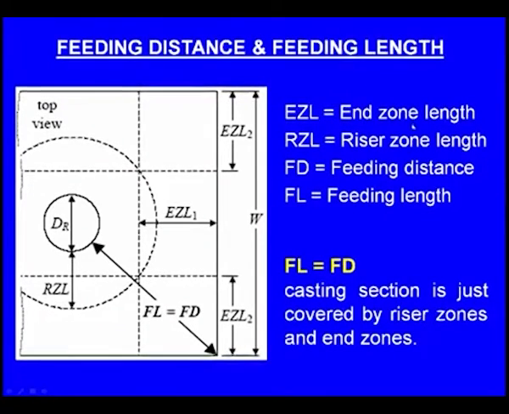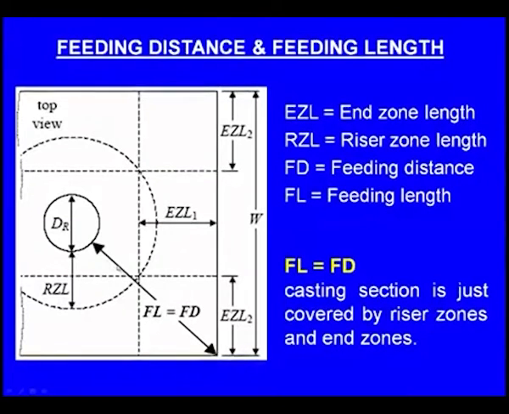Now here we can see EZL means end zone length. So this is the end zone length. Next one, RZL, that is the length covered by the riser effect. So this is RZL. Next one, feeding distance. Feeding distance is the sum of riser effect and end effect.